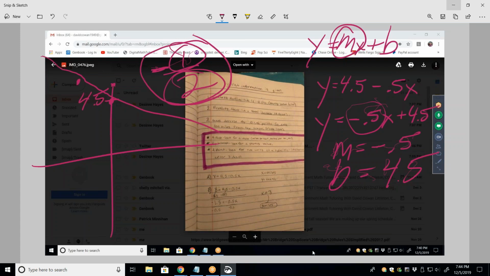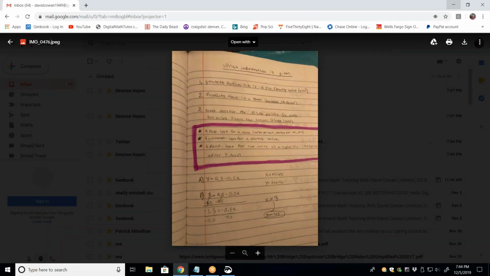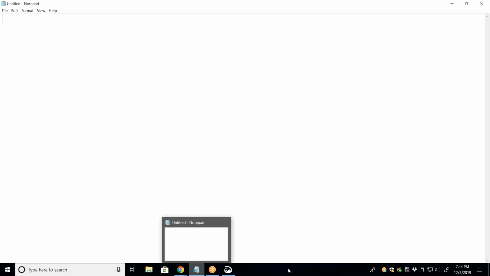Here, let me do something else. I want you to tell me positive and negative slopes. This is the best way to learn it. I'm just going to draw a bunch of slopes, and you tell me whether they're positive or negative. The slope on that line, positive or negative? Positive.